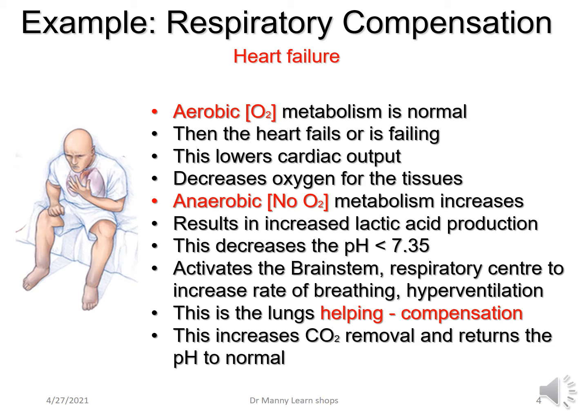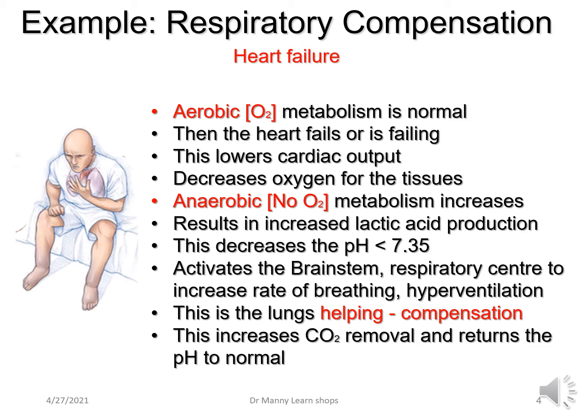We use oxygen. But then the heart fails, or it's failing, and this lowers cardiac output. Remember, cardiac output provides the body with oxygen for tissue metabolism. As a result of low cardiac output, this decreases oxygen to the tissues for tissue metabolism.